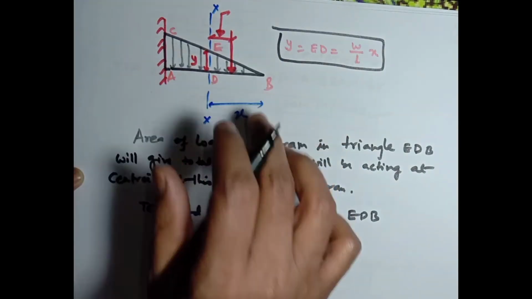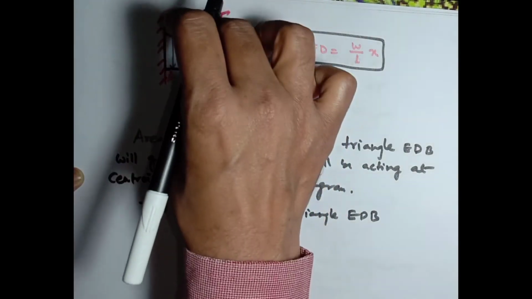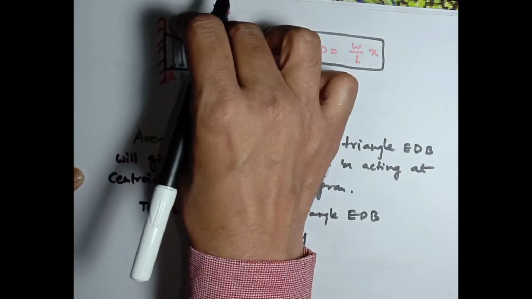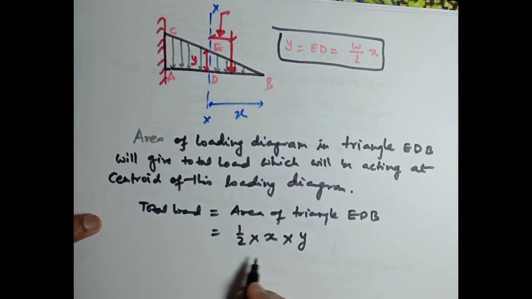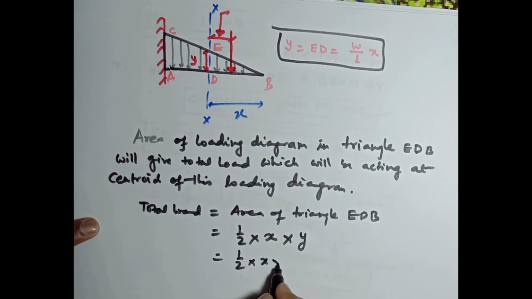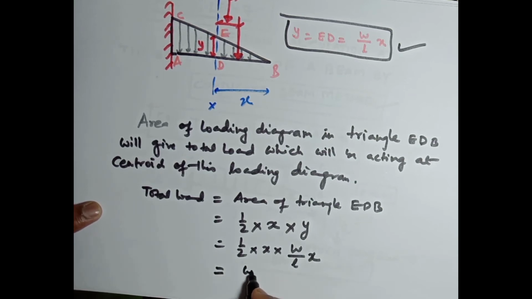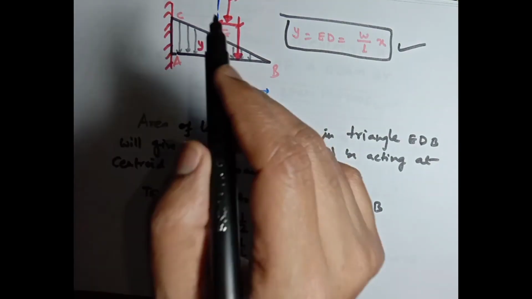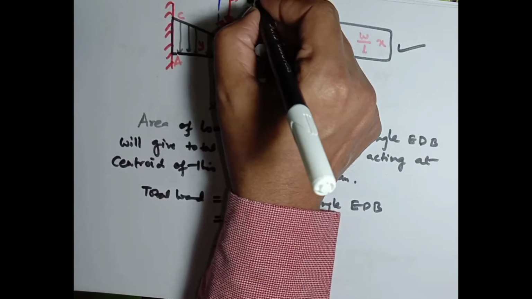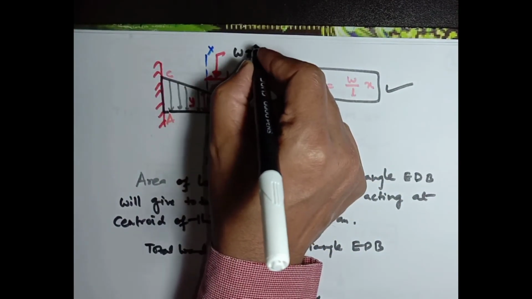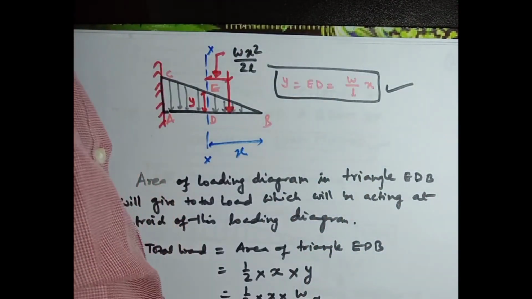This length is dB, you can say x, and its height ED is equal to y. Putting values of x and y, W divided by L into x, its value will be WX square divided by twice L. This is nothing but the total load, WX square divided by 2L.